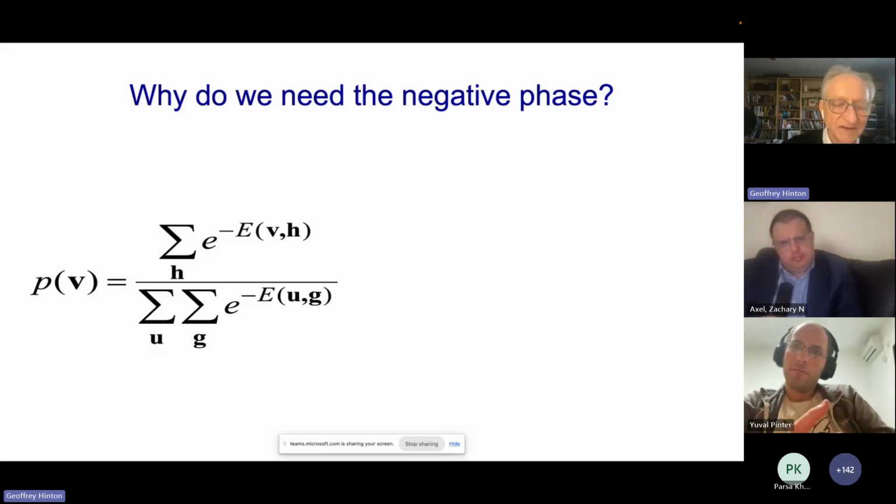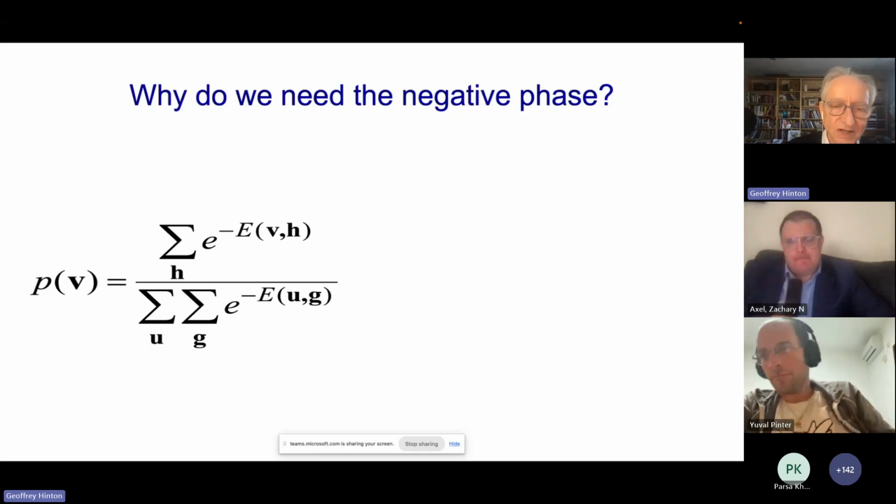The probability of a visible vector, I know I'm over time, is the sum over all hidden configurations of that visible vector on the visible units and any old hidden configuration H on the hidden units.